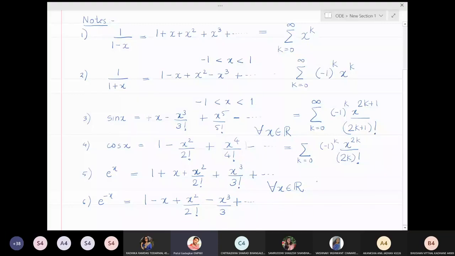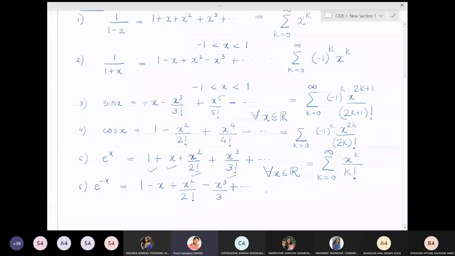What is the power series expansion for e raised to x in summation format? It is very easy. All terms are positive, so it is k going from 0 to infinity, x raised to k upon k factorial. If I put k equal to 0, I will get 1. If I put k equal to 1, I will get x upon 1 factorial, which is x, and then x square upon 2 factorial, and so on.